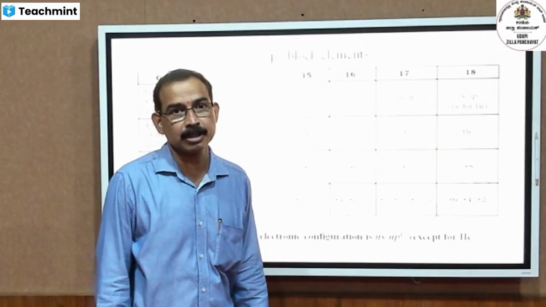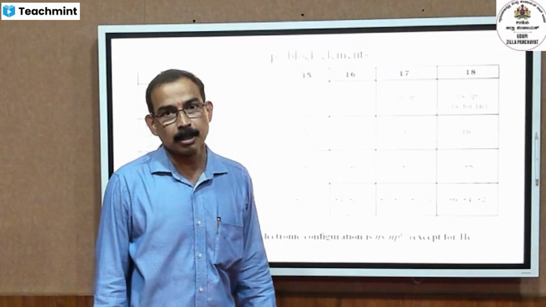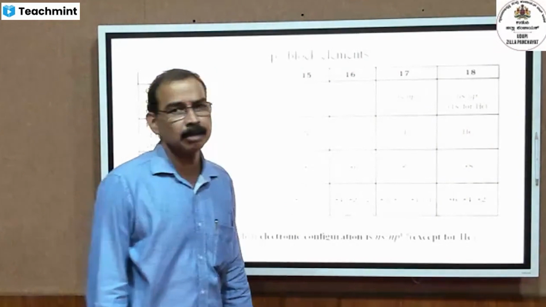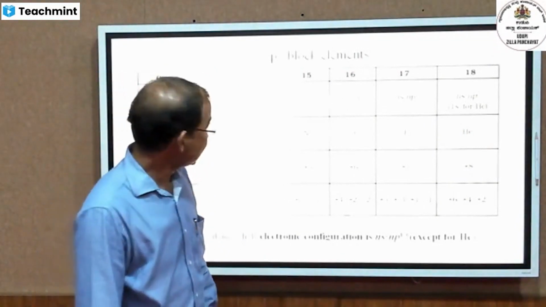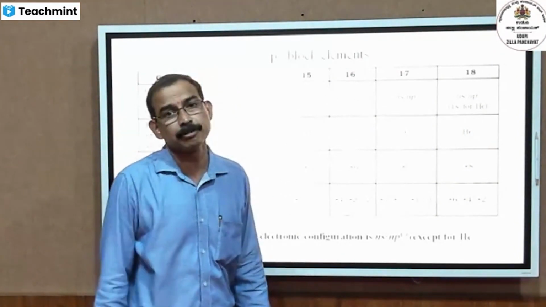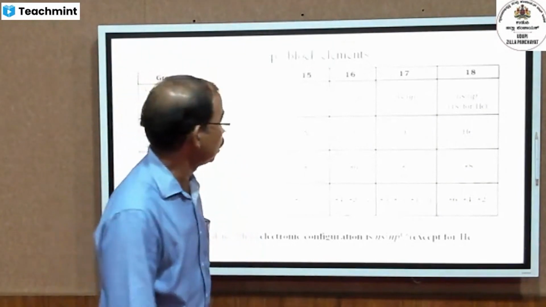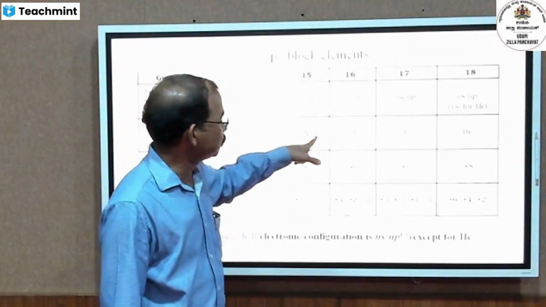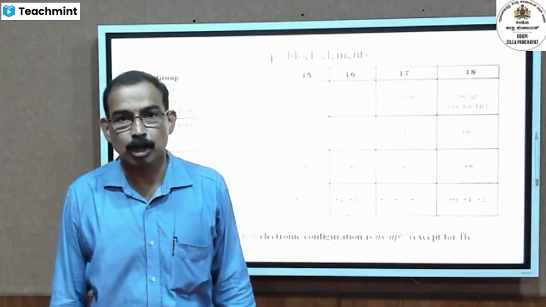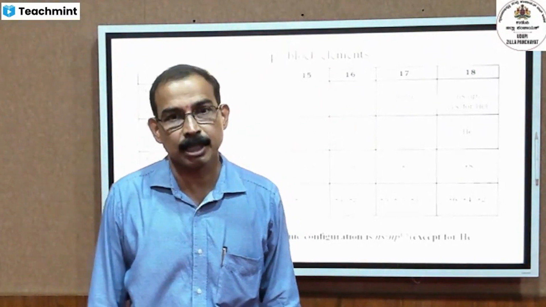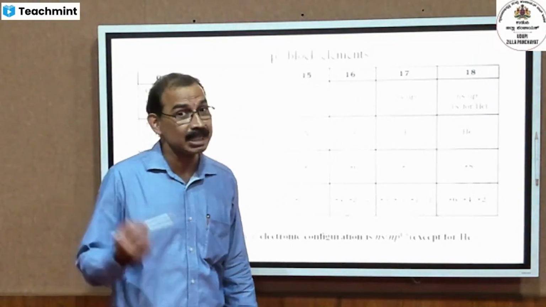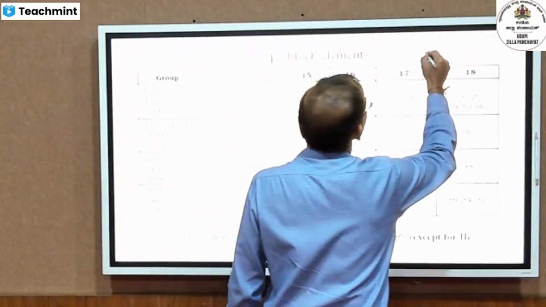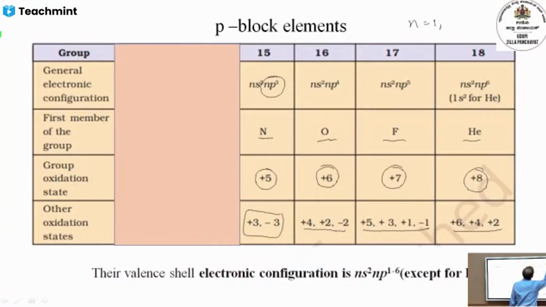They do not show all the common properties that the other members show, and that can be mainly attributed to the smaller size and the absence of vacant d orbitals, because they mainly belong to the second period: nitrogen, oxygen, fluorine, helium, etc. In the second period, only two shells, two main energy levels, are there. So n is equal to 2, where n is the principal quantum number which takes values 1, 2, 3, etc.